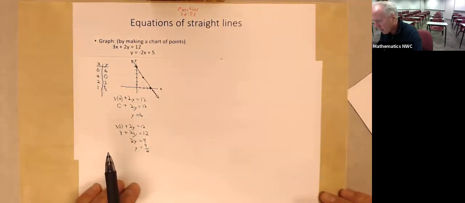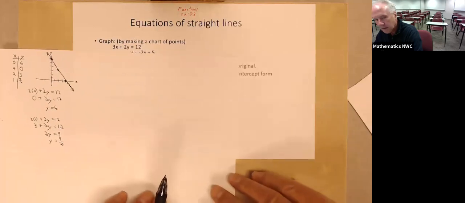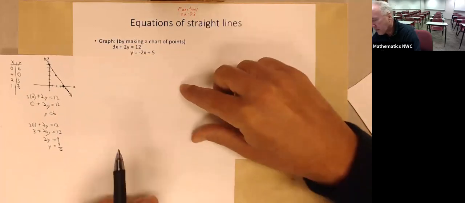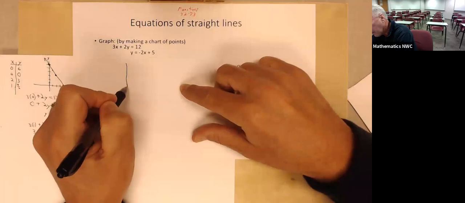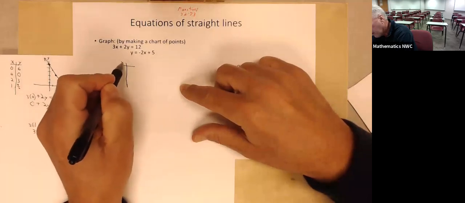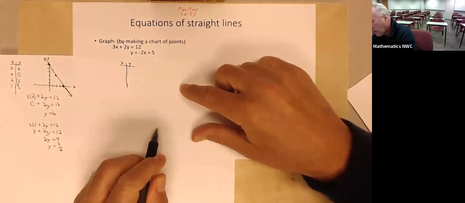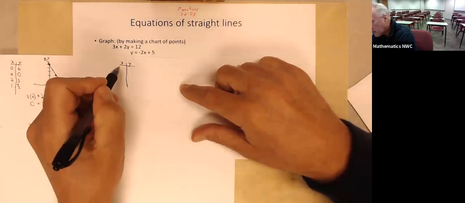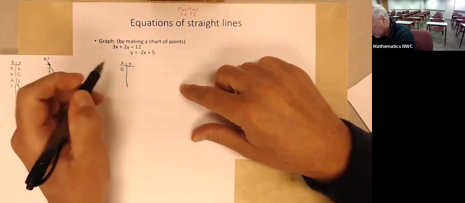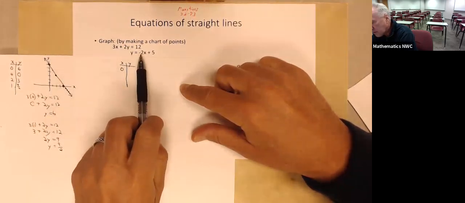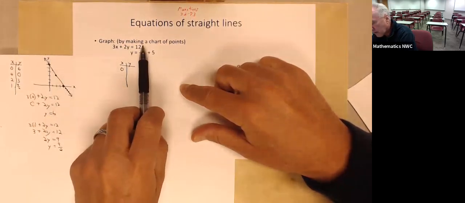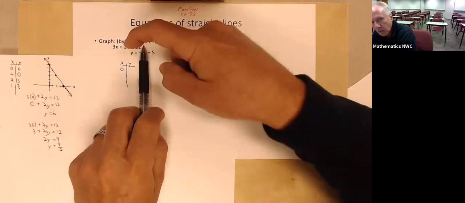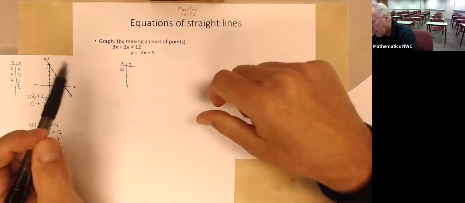Next, I'm going to look at graphing the second equation. I can choose different values for x here. An easy one is, of course, let x be 0, because that means -2 times 0 drops out, and I'm left with just y equal to 5.